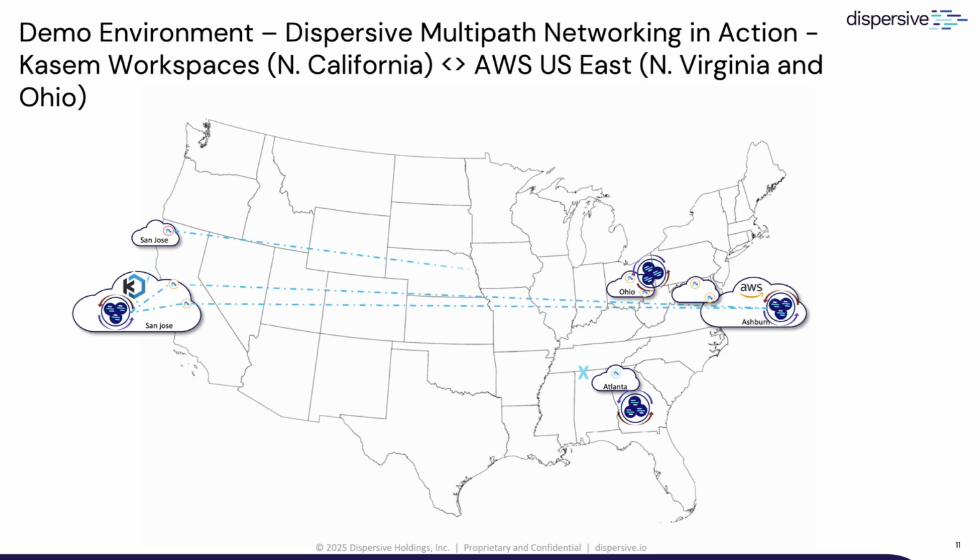When using Dispersive, you can leverage the benefits of true managed attribution, connectivity obfuscation, session-aware routing, dynamic multipathing, unparalleled security with rotating encryption keys, zero trust access, and performance up to 10 times faster than traditional VPNs. Dispersive Connect provides KASM Workspaces users with the next generation of quantum-safe connectivity.